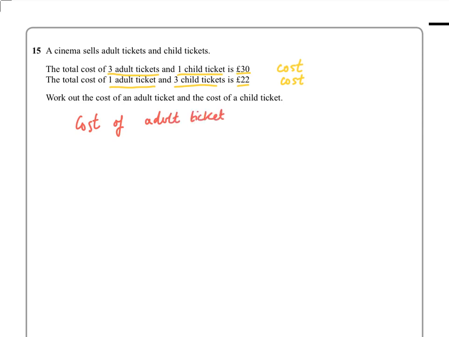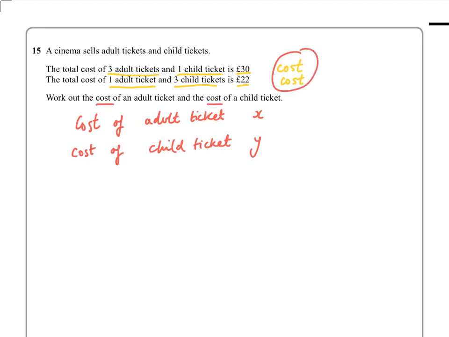just let that equal, say, X. So it's got to be the cost of the adult ticket, and the cost of the child ticket, just let that equal Y. So don't forget, we're talking costs here because this is what you've got to find.